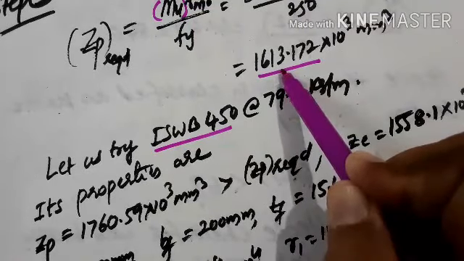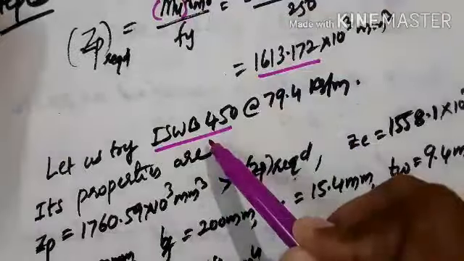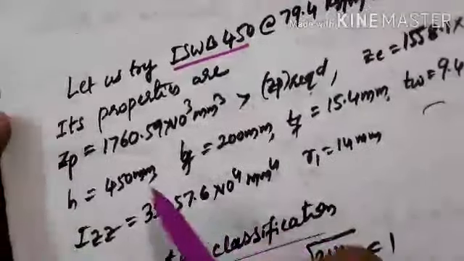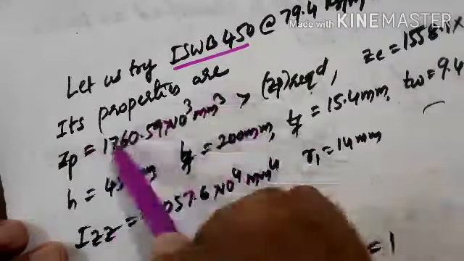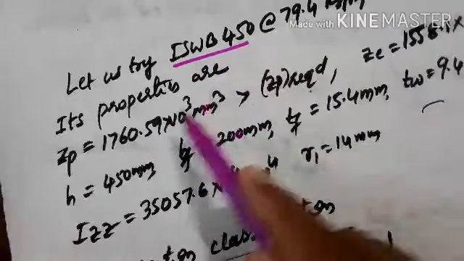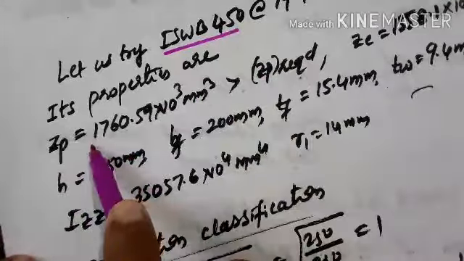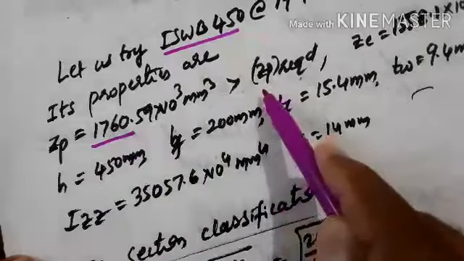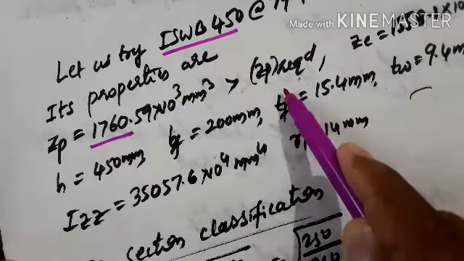So let us take its properties from the steel table or again IS 800 2007 page number 138. The ZP is this much, which is greater than the ZP required.